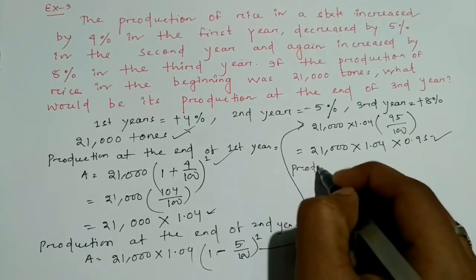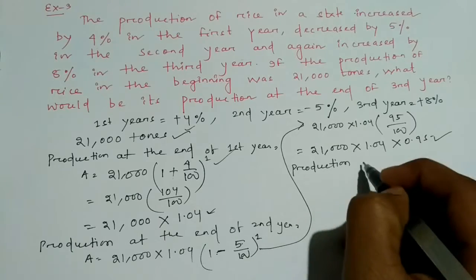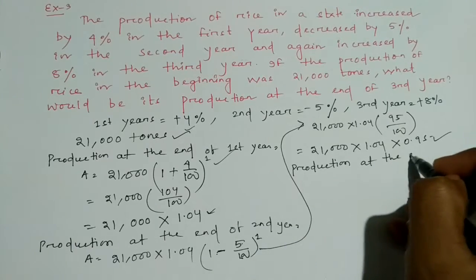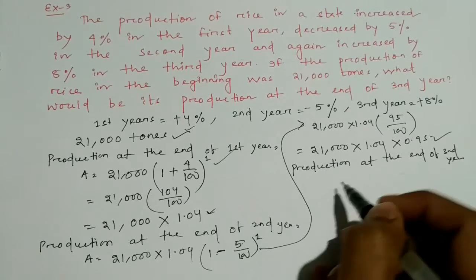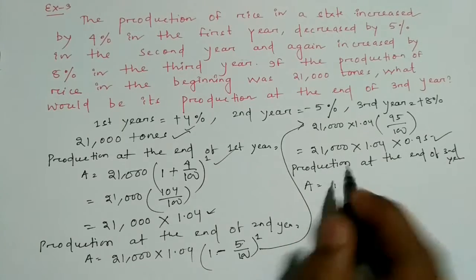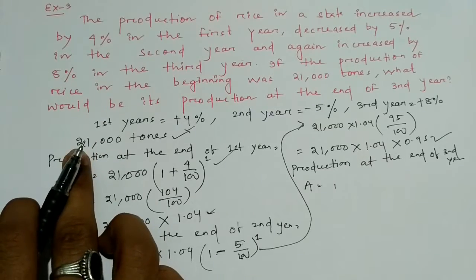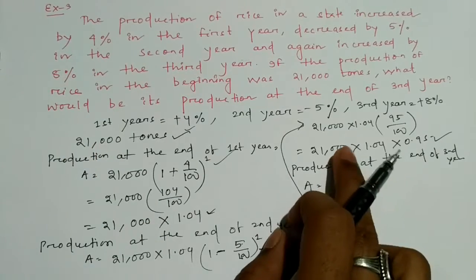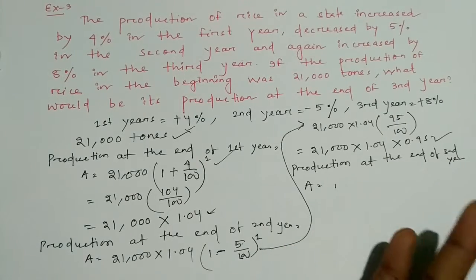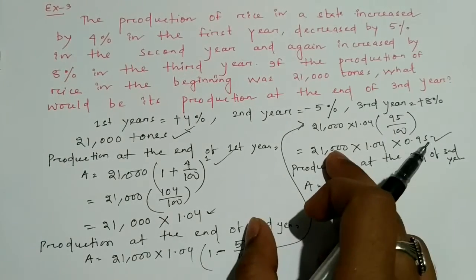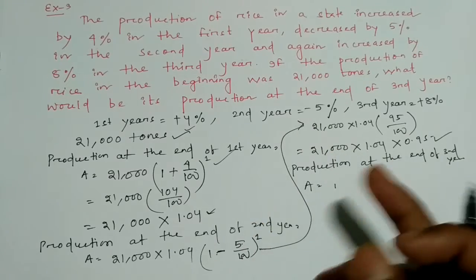Then production at the end of third year, what will it be? Again A is equal to P, but P is not 21,000. P is the new amount. Each and every year, if you are calculating compound interest, the principal will be different.